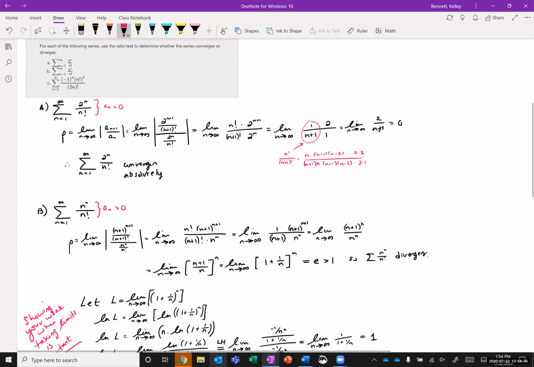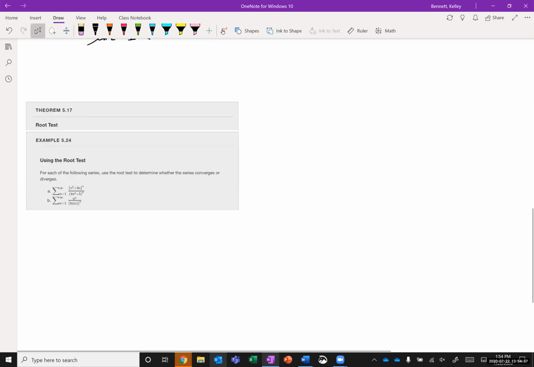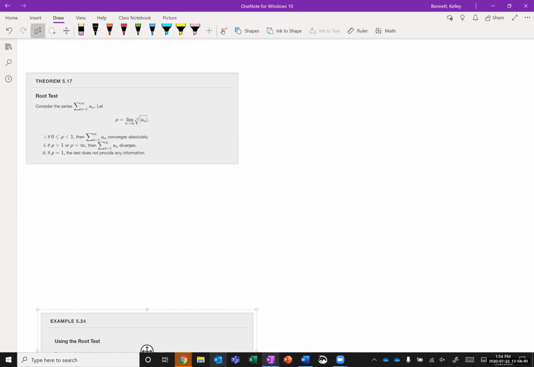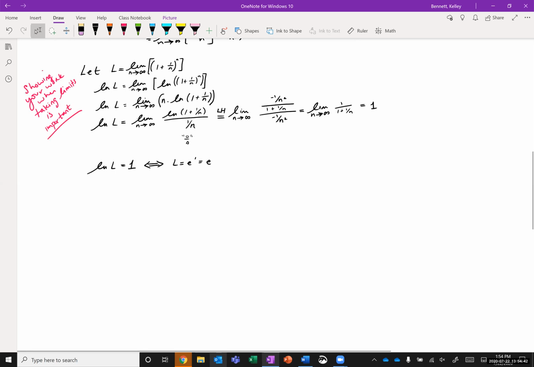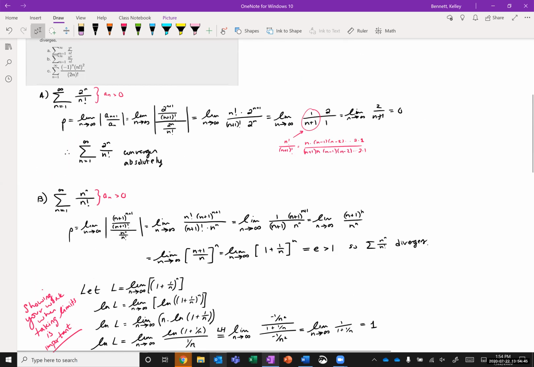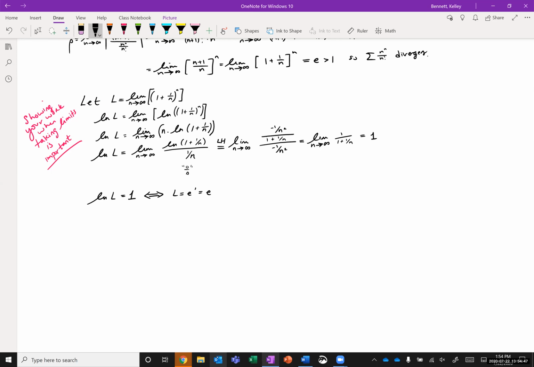And then I think we have one more example. Okay, let me scooch this stuff down real quick. So our last example is C. So what you want to do is continue to compute rho.